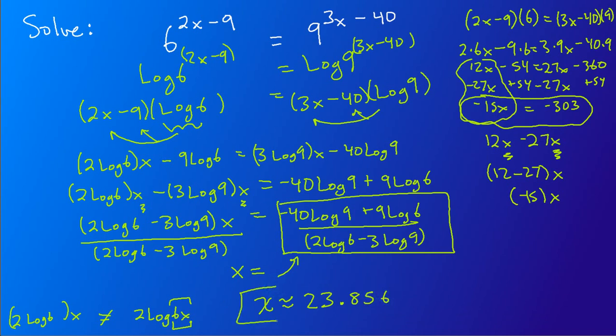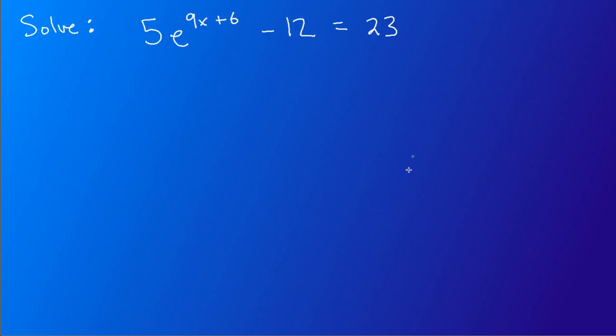Now, please, if you're in Algebra 2, pre-calc, whatever it may be, make sure you round correctly, all right? When you type this in exactly the way it appears, and you round correctly, this is what you get, okay? Don't misround. All right, let's go on to another example.